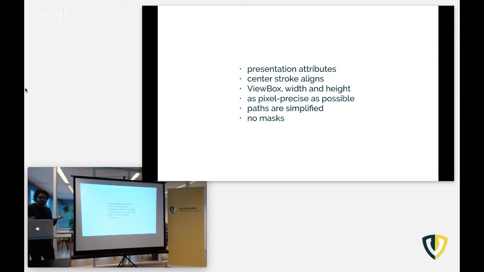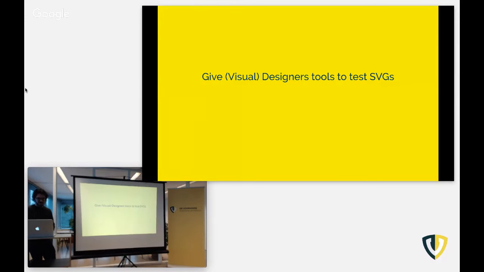These are some ways to make sure that we can help visual designers create artwork that we can work with without losing our sanity. But maybe the solution is to give visual designers a tool to test SVG with.